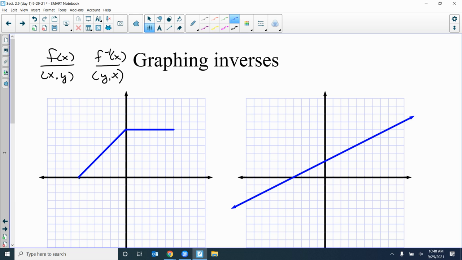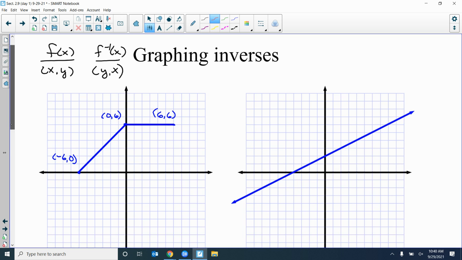So right here, this is negative 6, 0. This is 0, 6. This point here is 6, 6. And then let's flip them. Do not negate them. Just flip them.